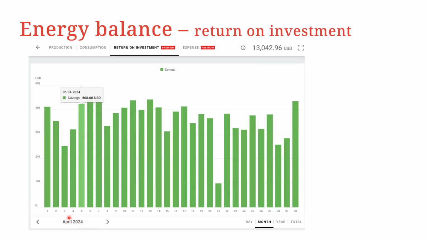So for example, we can see that in April 2024, this particular customer was able to save on April 5th about $508 US dollars. And therefore, you can also see cumulatively for the entire month or for an entire year. And this also assists you to tell the customer, because you're saving so much over a period of 1 year or 2 years with the initial cost of the system, then we are looking at X amount of years for you to be able to recover the initial investment in this package or in this kind of PV system.